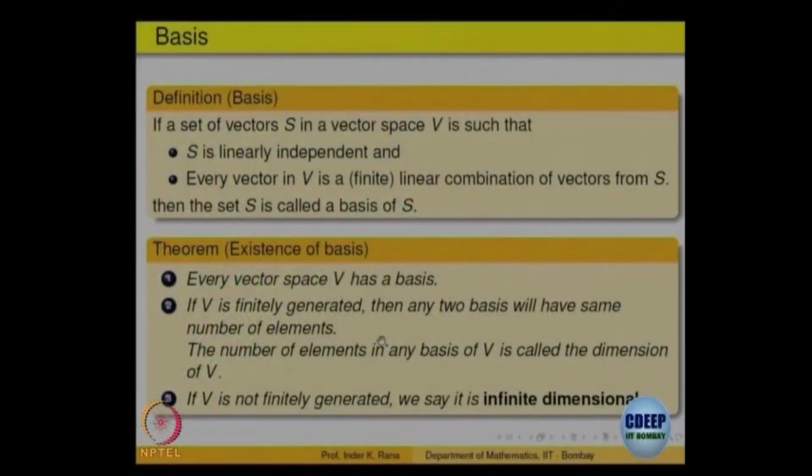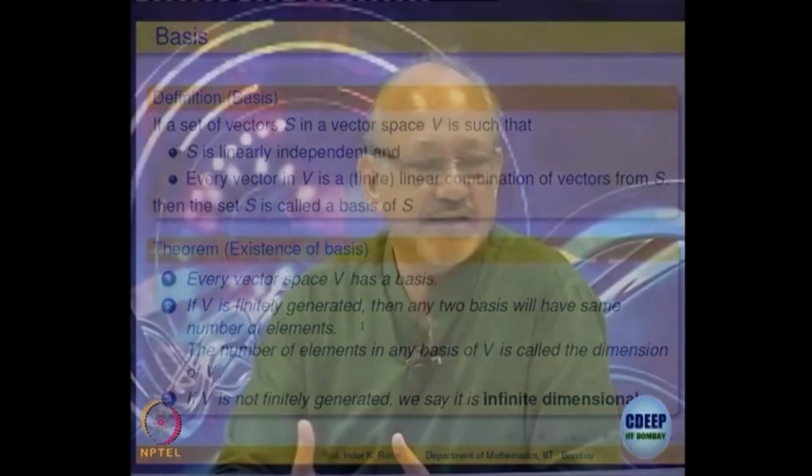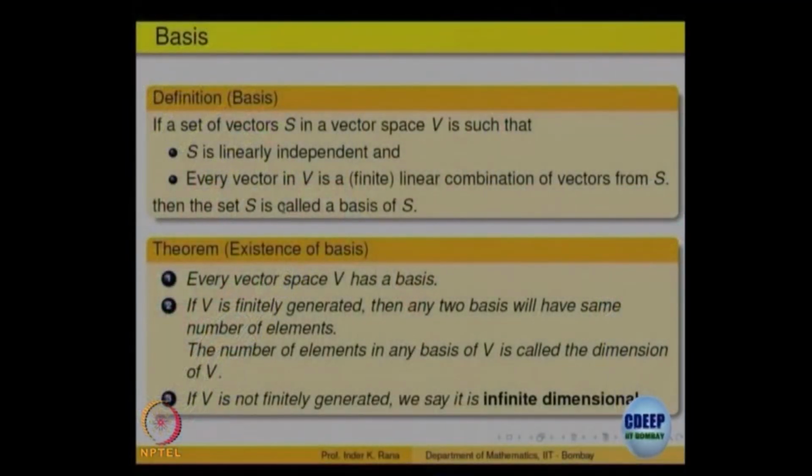Once that is done, there are two possibilities: it is finitely generated, or it is infinitely generated. If it is finitely generated, then one can prove a theorem that any two bases will have the same number of elements. If it is finitely generated, that means there is a finite set S which is linearly independent and will generate, right.